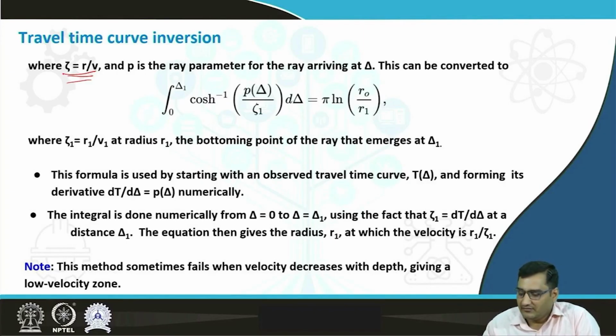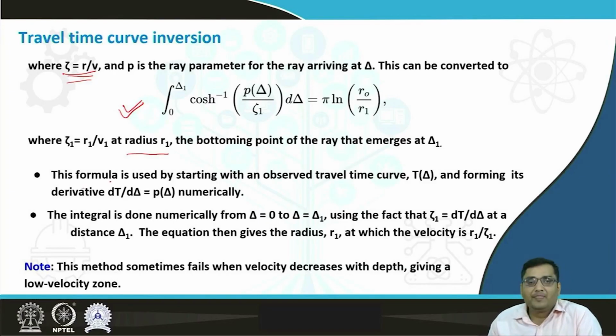This whole thing can be written like this, where delta 1 defines the bottoming point of the ray, and zeta 1 is r1 by v1 at radius r1. r1 is the radius at which the ray is bottoming.